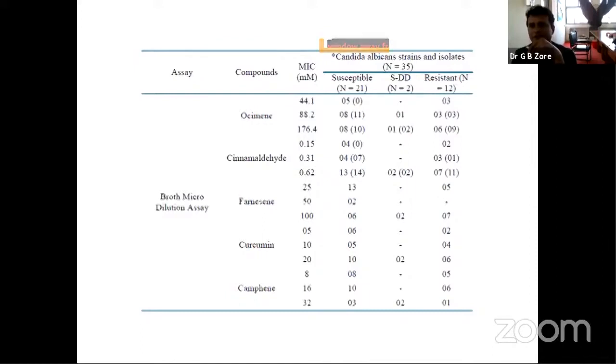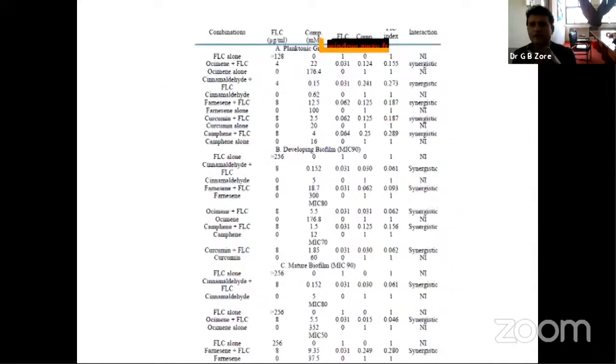We have tested the combined effect of these molecules. We tried different combinations with the known antifungal agents, and we found that these molecules act synergistically against the growth of this fungal pathogen, not only planktonic but even biofilm growth.